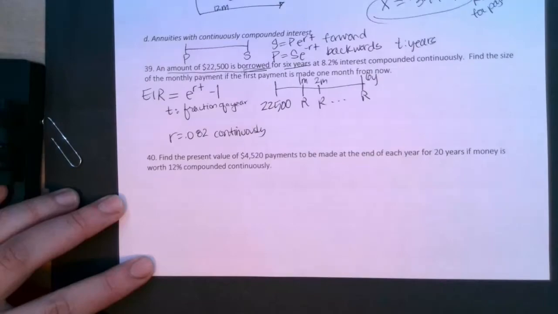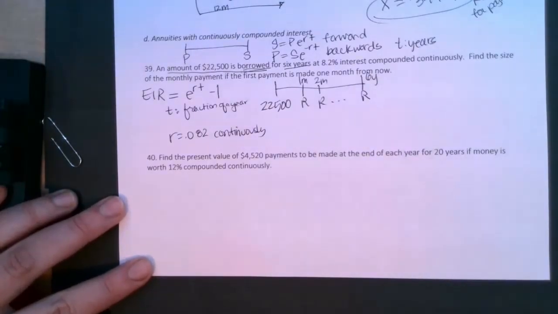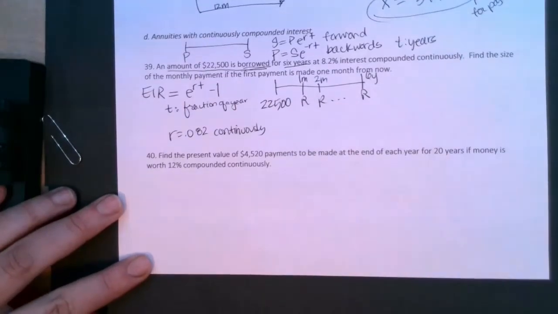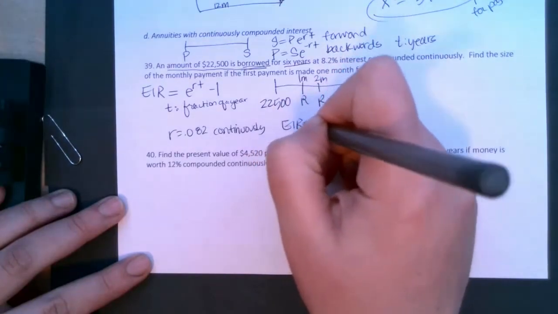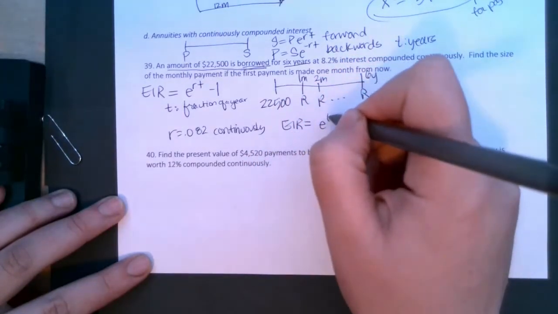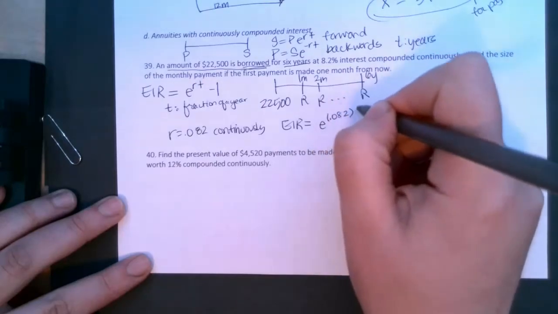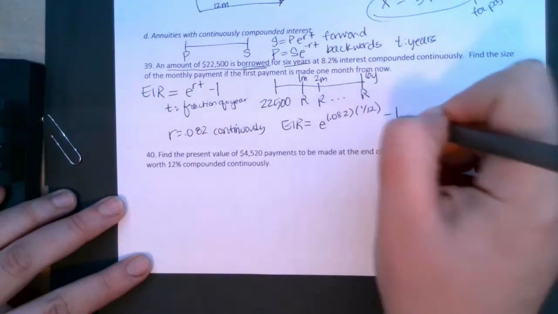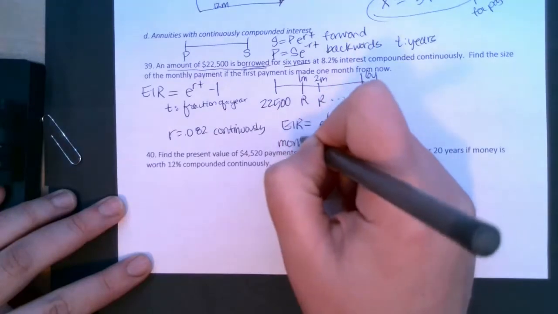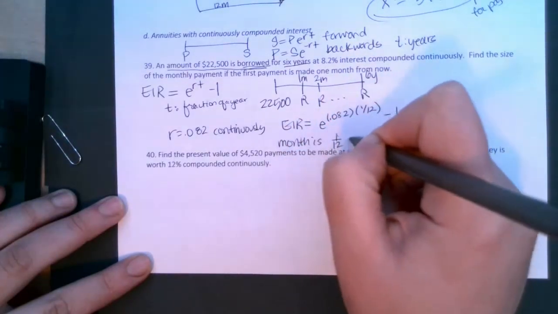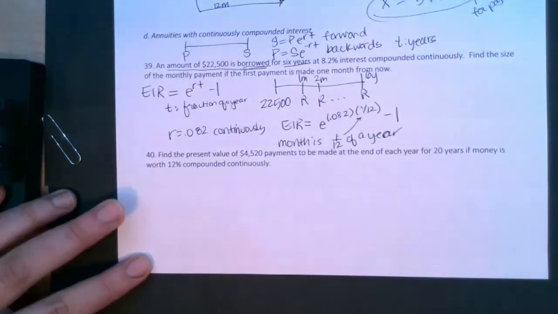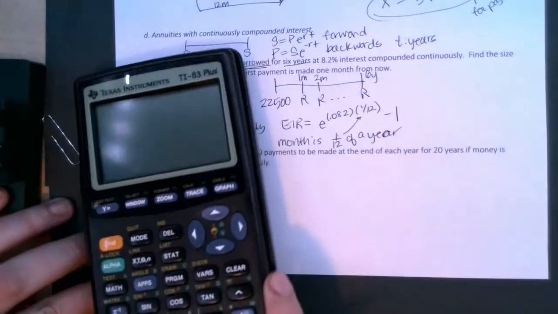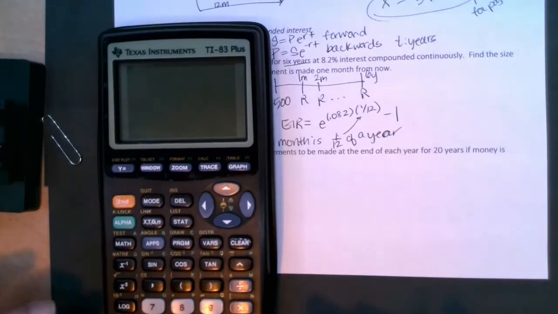Okay. So what we have to do is convert this continuous interest rate to a monthly interest rate. Okay. So our t here, where we're finding our EIR, is going to be 1/12, because we're doing 1/12 of a year. A month is 1/12 of a year. Okay, so that's where that comes from. So when you input that in your calculator, you have to be careful because you want to make sure you get the whole piece in there.